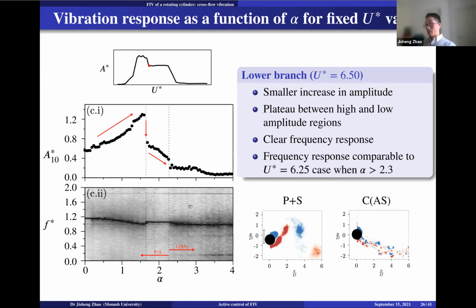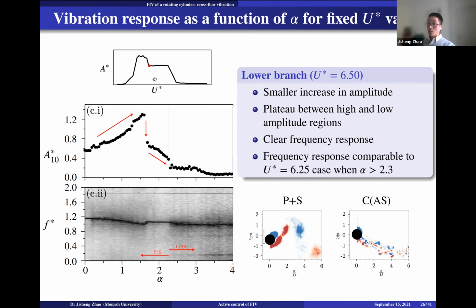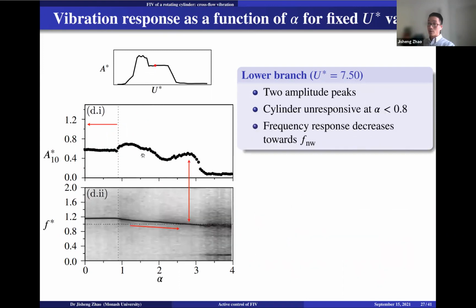So which means that the wake modes associated with the rotating cylinder are of rich variety, and also you can see even when the U stars are slightly increased, the response at the beginning of the lower branch and the middle of the lower branch is quite different as well. So which means the dynamics there is quite sensitive to the U star as well.